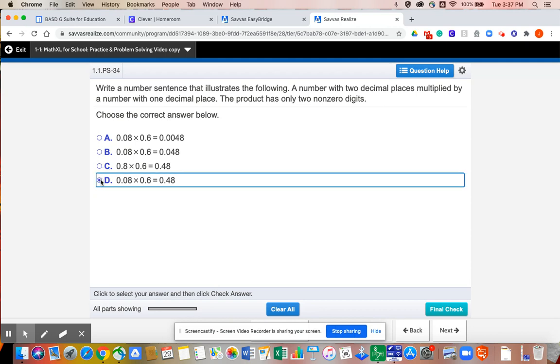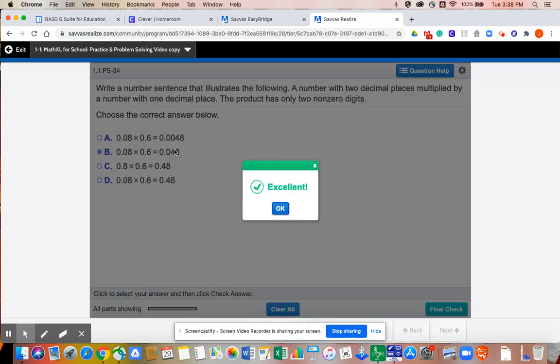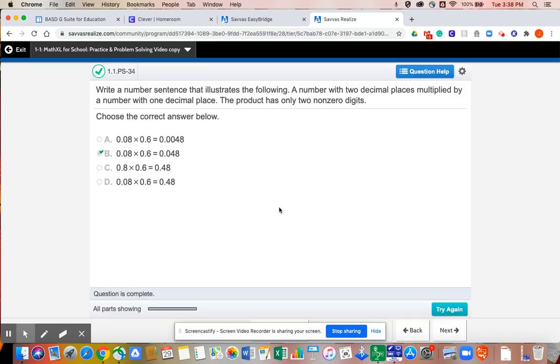Actually, that would be this one, would be the correct one. Because we have 2 times 1, 2 non-zero digits. That 0 there is not necessary. So actually, it's going to end up being that one. Because this decimal would come in 3 places. So that one's correct.